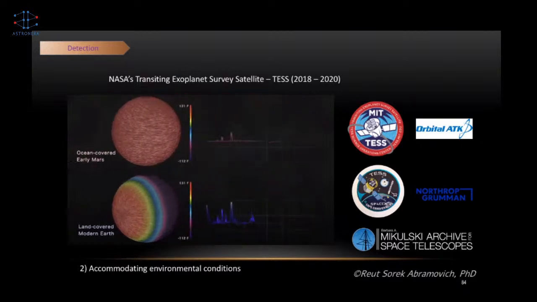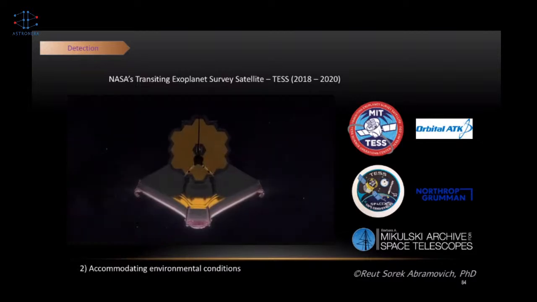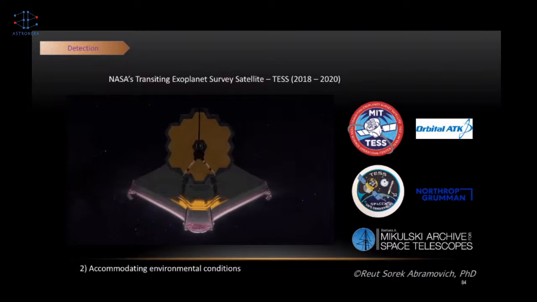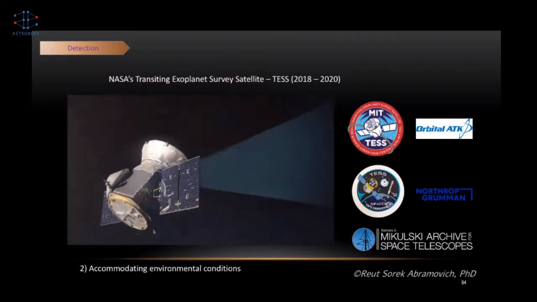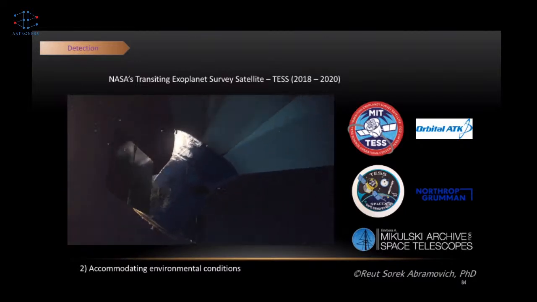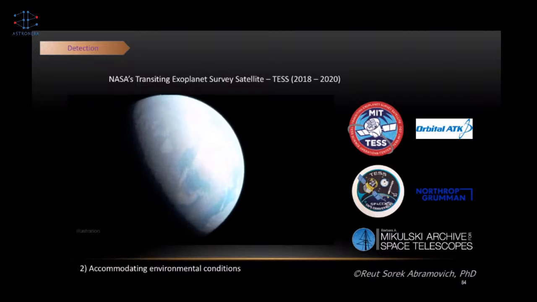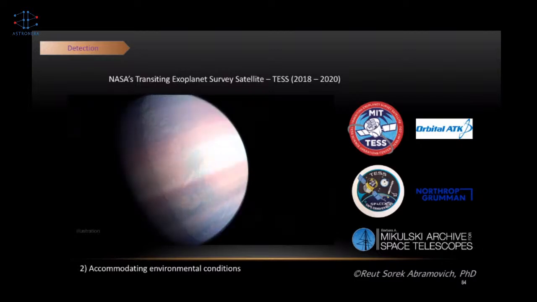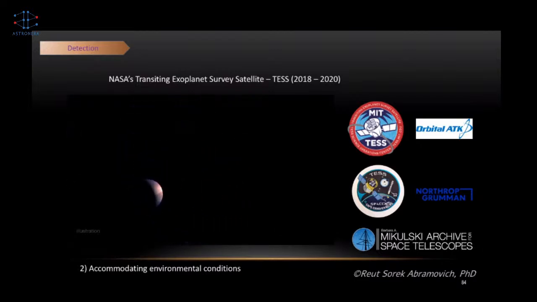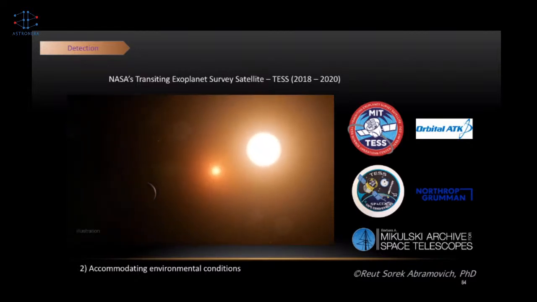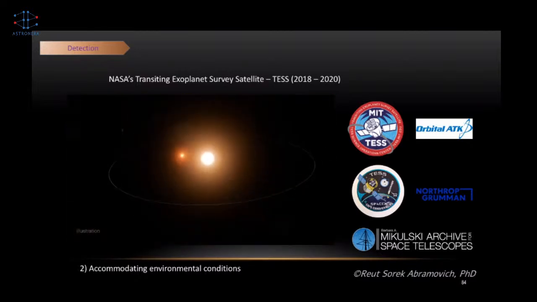Analysis of the planet's atmosphere, if it has one, will have to await future space-based observatories like NASA's James Webb Space Telescope. Missions like Tess, and later Webb, help contribute to the field of astrobiology, the interdisciplinary research on the variables and conditions of distant worlds that could harbor life as we know it. Tess has found many systems very different from our own. TOI 1338 has a Neptune-sized planet orbiting a pair of stars.